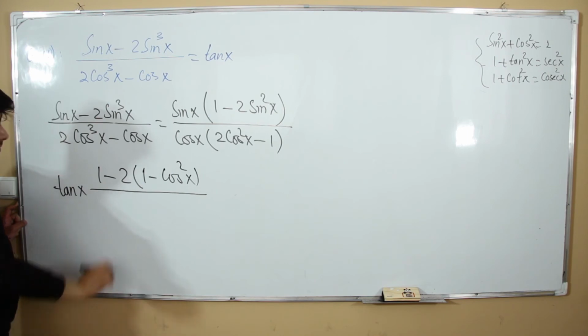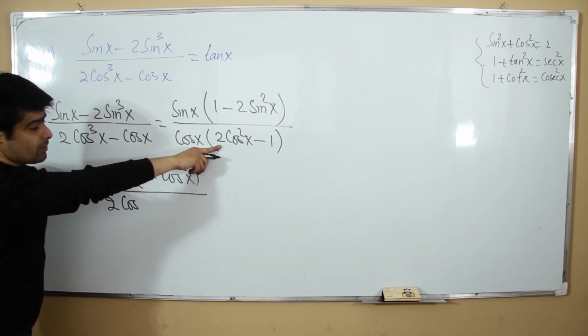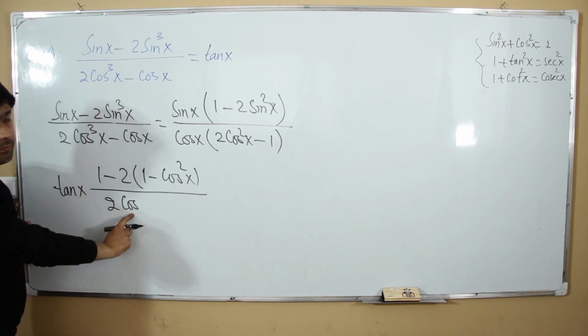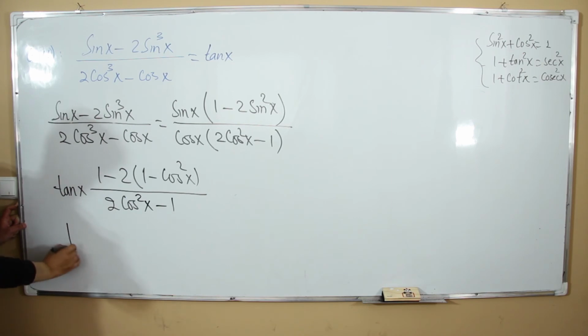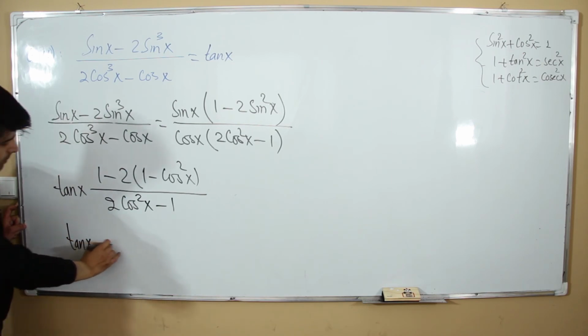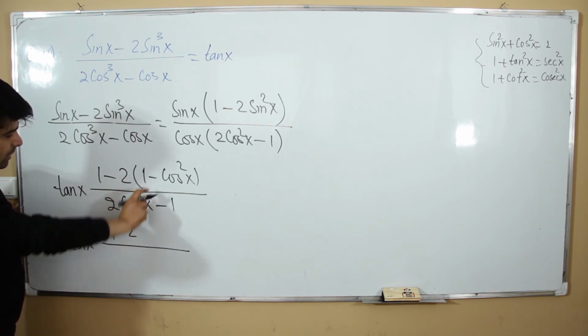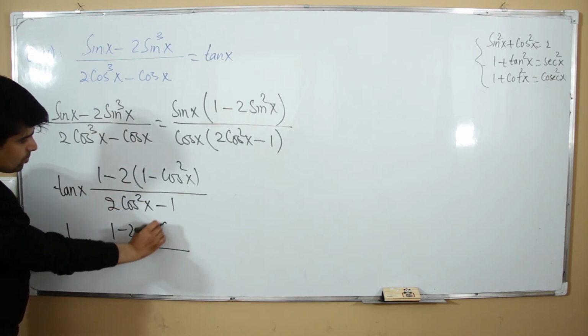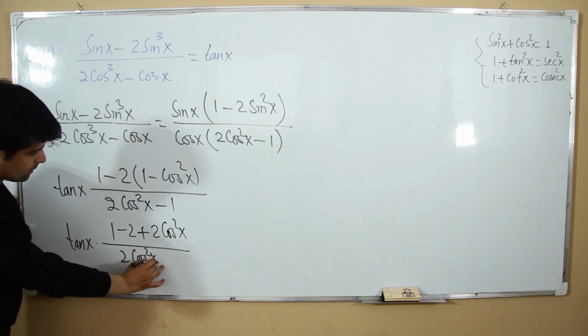Am I right? Yes. So do not change this denominator. Both of them should be same. 2 cosine square of x minus 1. So tangent x multiplied by 1 minus 2 with this one, it is minus 2, minus with this one, it's plus 2 cosine square x and 2 cosine square x minus 1.